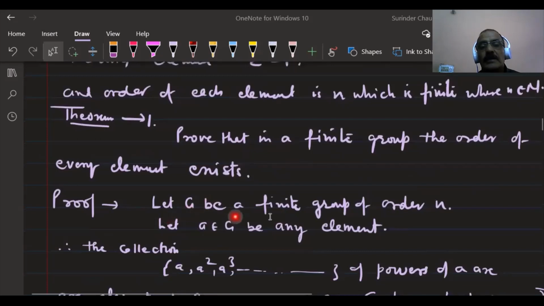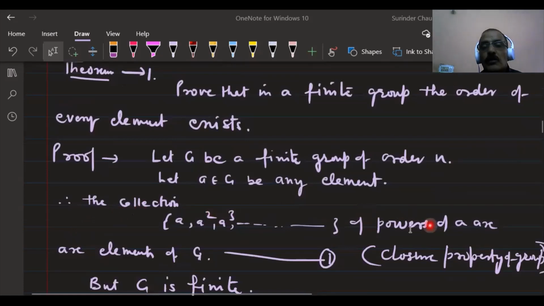Given: let G be a finite group of order n, which means G has n elements. Let a belong to G be an element. Out of these n elements, we have taken one element a. Now G is a group. Therefore, applying the closure property, a, a into a, a into a into a, and so on, we can multiply it any number of times.